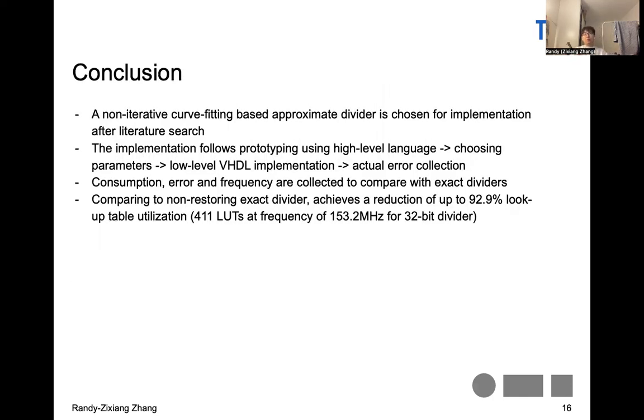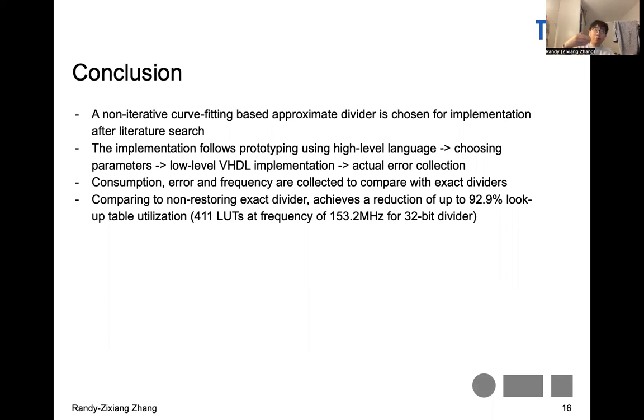So in conclusion, after a literature review and this comparison, we have selected this curve fitting based approximate divider.